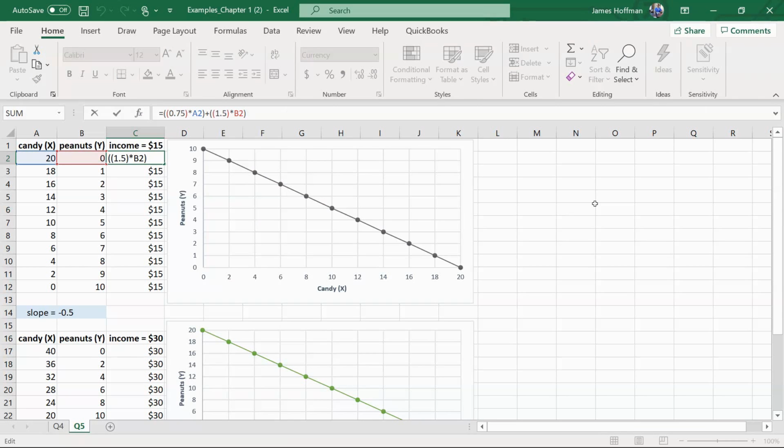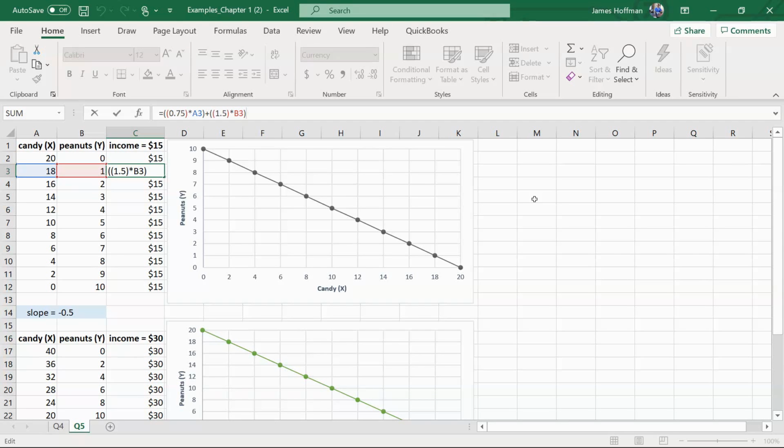You can do some trial and error, but it's a linear relationship. It's always the same trade-off here. So 20 candy bars and 0 peanuts gives us 15. 18 candy bars and 1 bag of peanuts gives us 15.